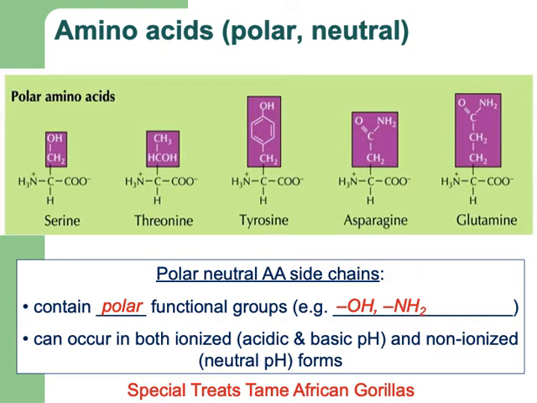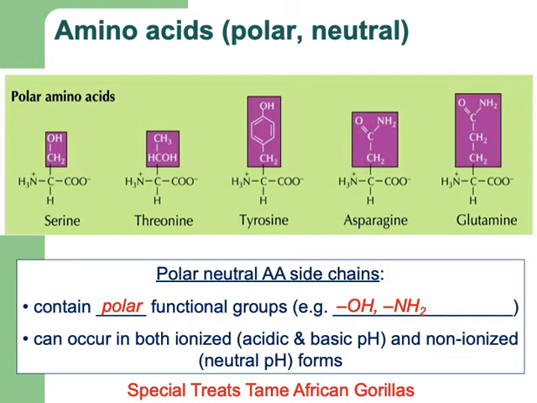They can also occur in both an ionized form, which means an acidic and basic pH, and a non-ionized form, so neutral pH. And in order to remember these polar neutral amino acids, I always remember the mnemonic special treats tame African gorillas. So you can use the capital of each of those words to indicate the amino acid.